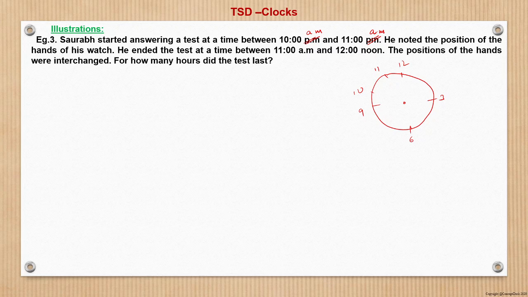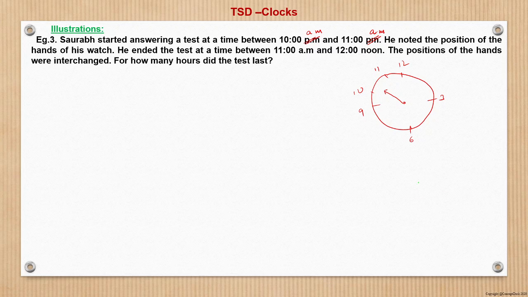So he starts the test at a time between 10 and 11. So somewhere the hour hand would be pointing in this fashion. He noted the position of the hands of his watch. He ended the test at a time between 11 and 12.